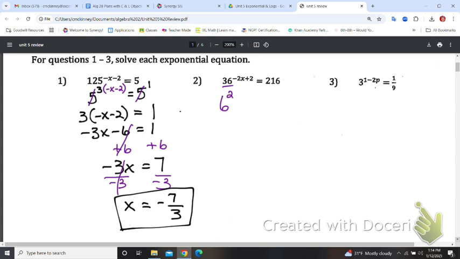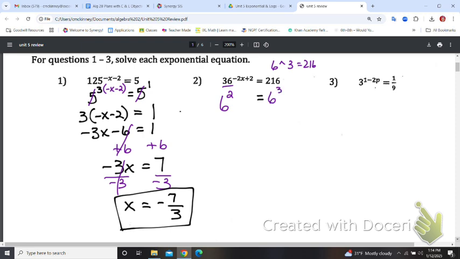Then I might say, I wonder what 6 to the third power is. And remember, we're using that caret button. So if I use that on my calculator, ta-da, we find out that is 216. So this is now 6 to the third.